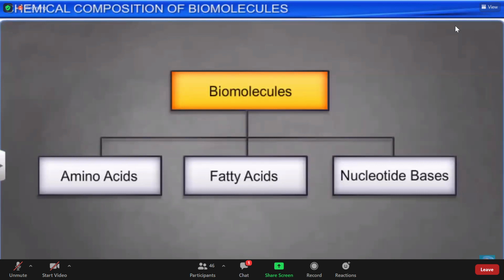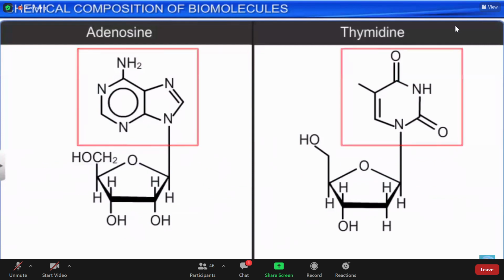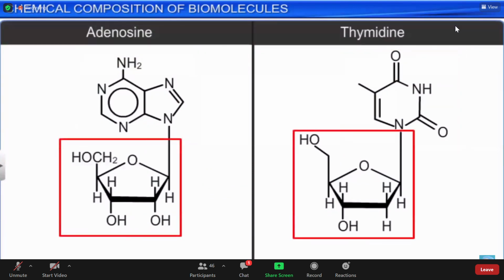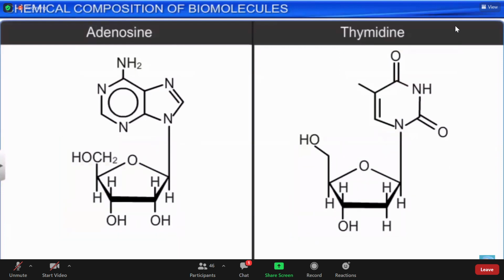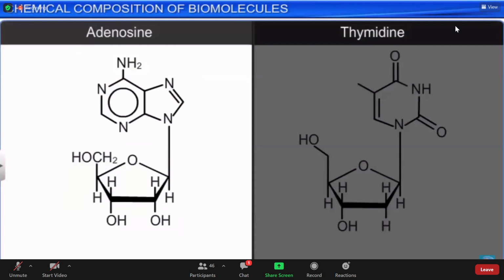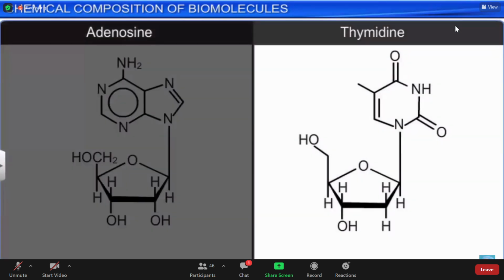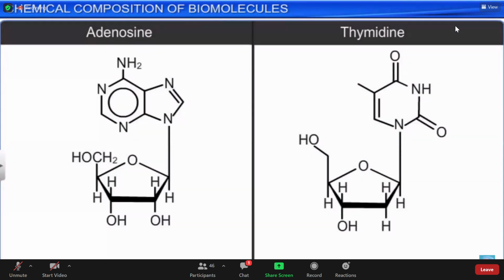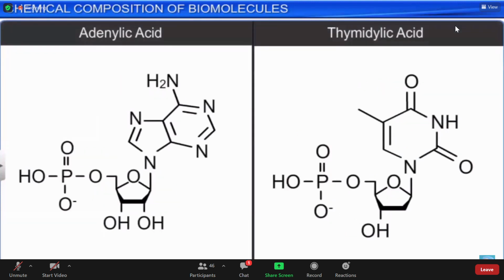When carbon compounds with heterocyclic rings are attached to a sugar, they are called nucleosides, for example, adenosine and thymidine. On the other hand, if a phosphate group is also found esterified to a sugar, they are called nucleotides, such as adenylic acid and thymidylic acid.